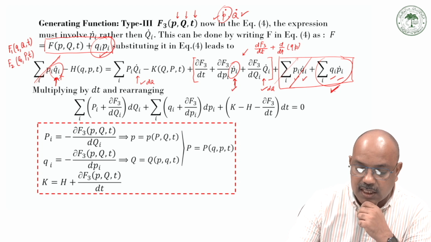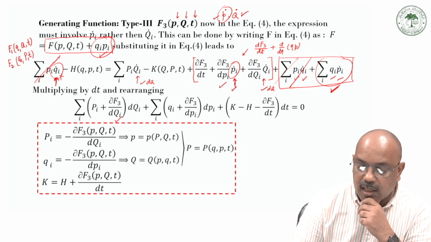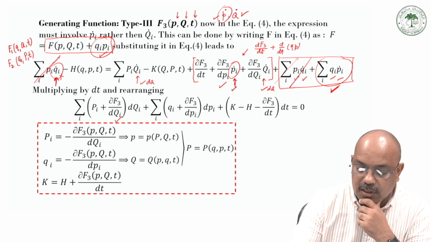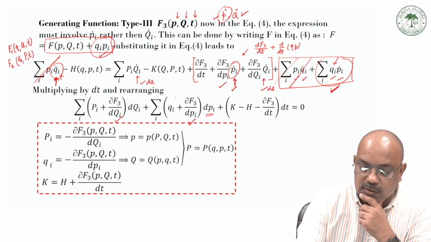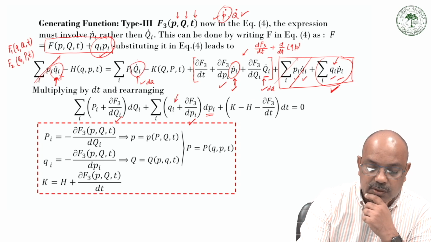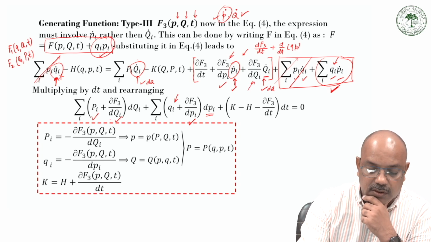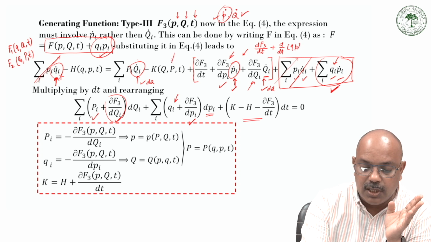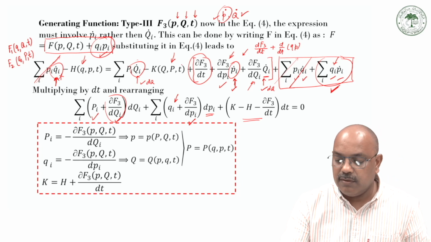So what I'm going to get is df3 by dpi, this is the dpi term, so df3 by dpi, and this is with q. And then if I equate the dq term, I have dq here, so that is going to be pi and df3 by dqi. And then this Hamiltonian, this is the new Hamiltonian and this is the old Hamiltonian, and this is the time derivative, they are coming together equal to 0.